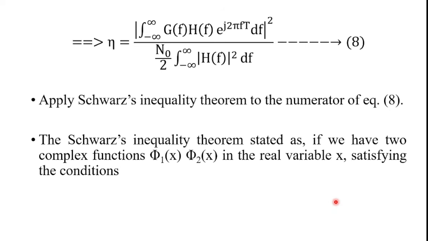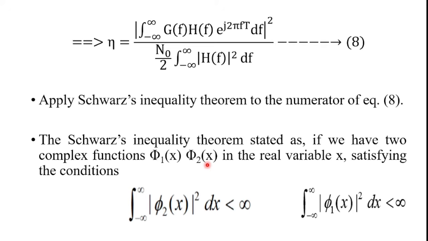And what is the statement of the Schwarz inequality? The Schwarz inequality theorem states that, let us consider two complex functions phi 1 of x and phi 2 of x in the real variable x, satisfying the conditions that integral minus infinity to infinity magnitude of phi 2 of x whole square dx is less than infinity, and integral minus infinity to infinity magnitude of phi 1 of x whole square dx is less than infinity.